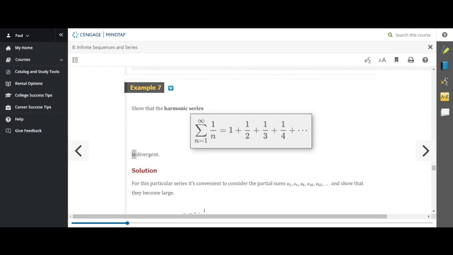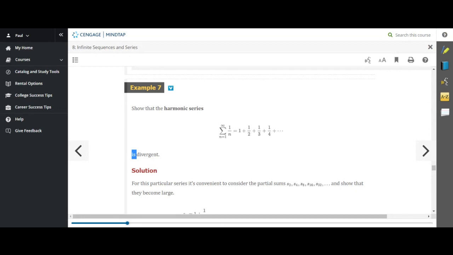So I understand Jacob's thinking that it might be equal to 2 approximately, but it actually isn't. It's going to equal infinity because the harmonic series is divergent. See that?